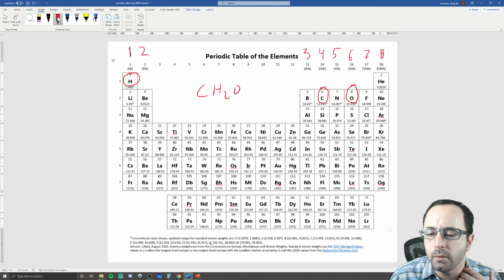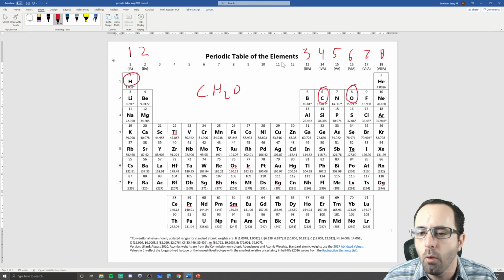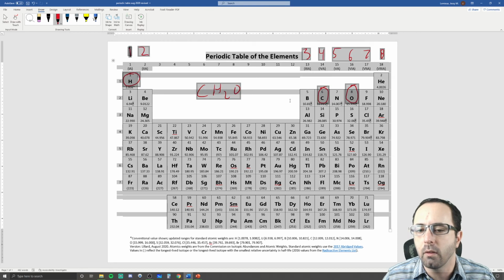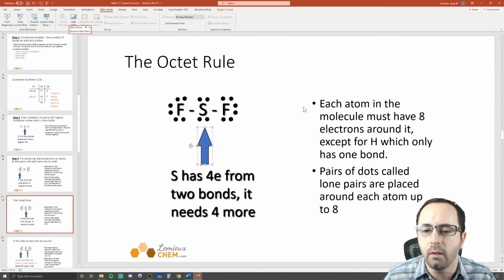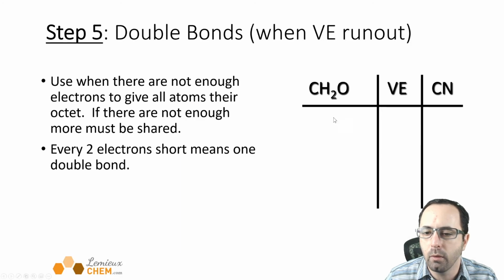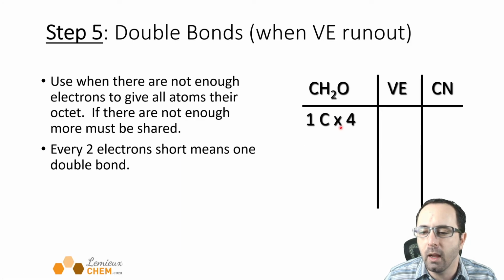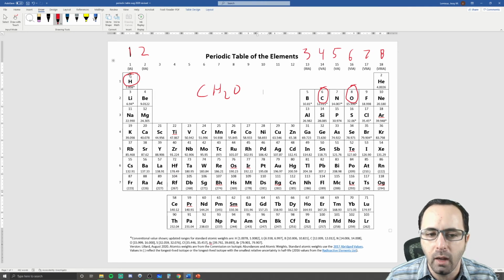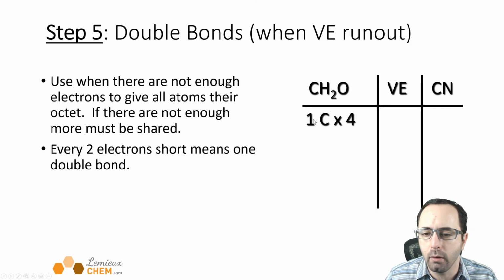The carbon is going to have 4 valence electrons. So we've got one carbon, and that carbon has 4 valence electrons. We've got 2 hydrogens, and each hydrogen is going to have 1 valence electron, group 1.